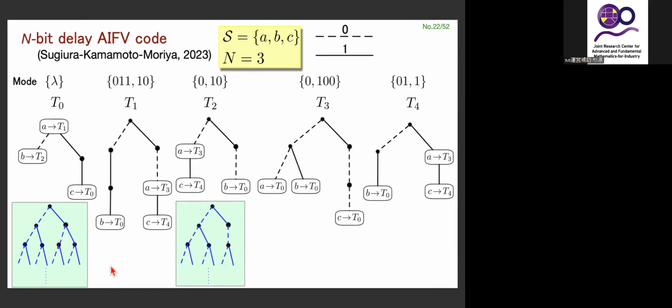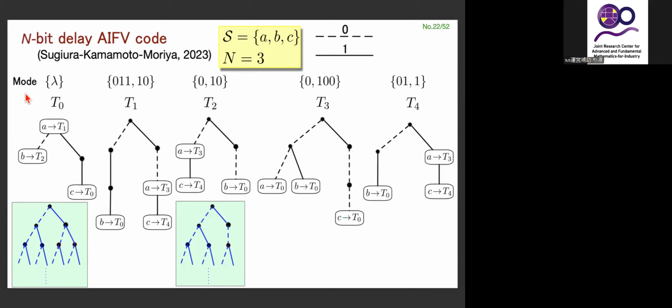But we cannot construct infinite code trees. We need to extend the code tree only n bits.